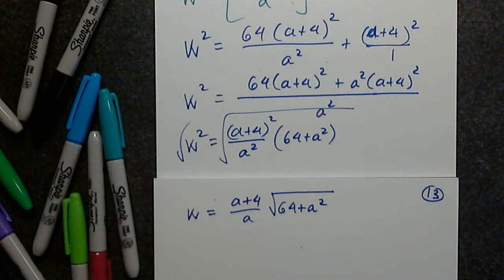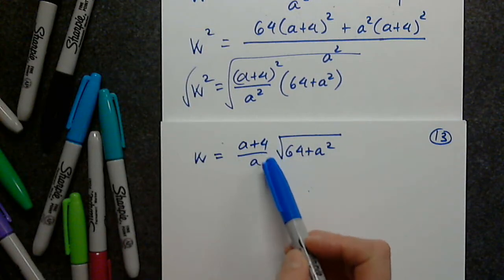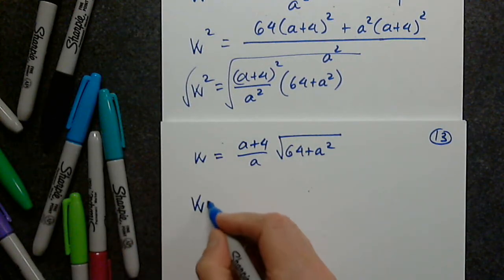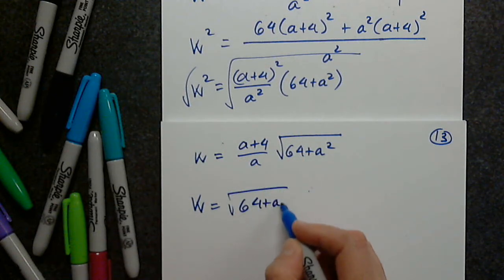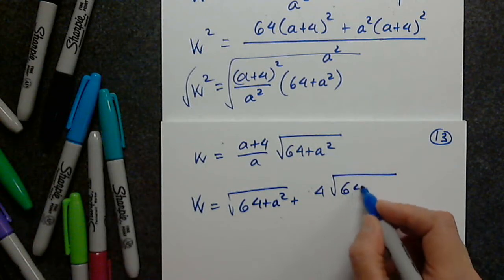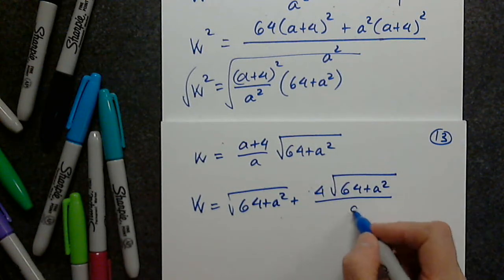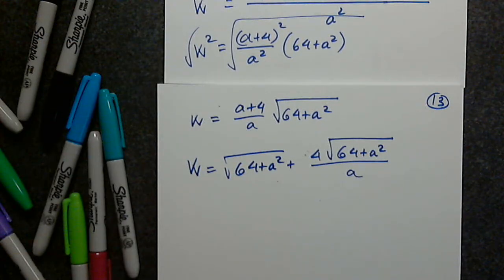It got reduced somewhat, not a lot. I'm going to separate into two pieces because this is 1 plus 4 over A. So I'm going to say 1 times this plus 4 times the square root over A. It's an ugly situation. Really ugly.